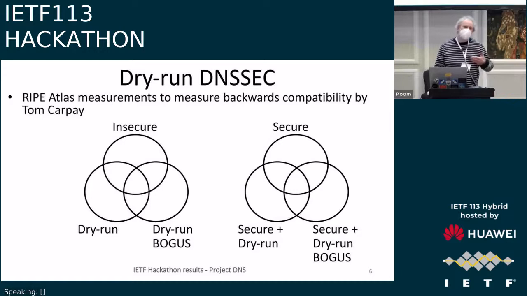So this has to be backwards compatible. So what we did was run RIPE Atlas measurements with the new delegation signer. Unfortunately, RIPE Atlas had some issues, so there are no actual numbers in these Venn diagrams yet, but hopefully they will be there when DNSOP is happening.